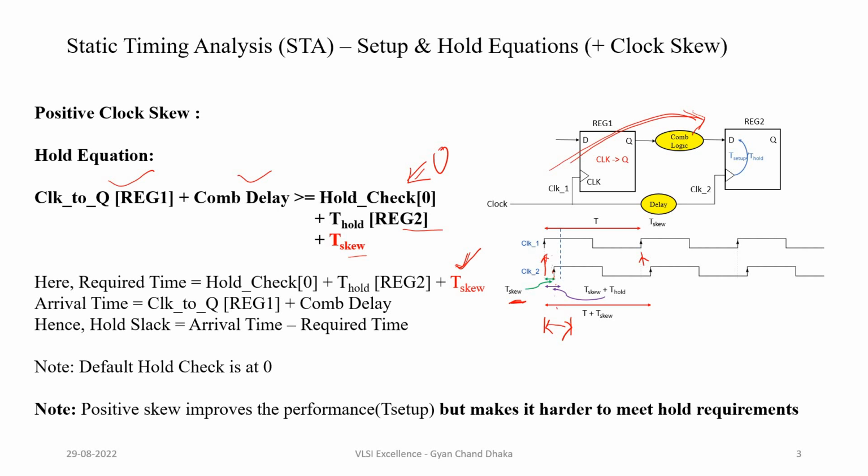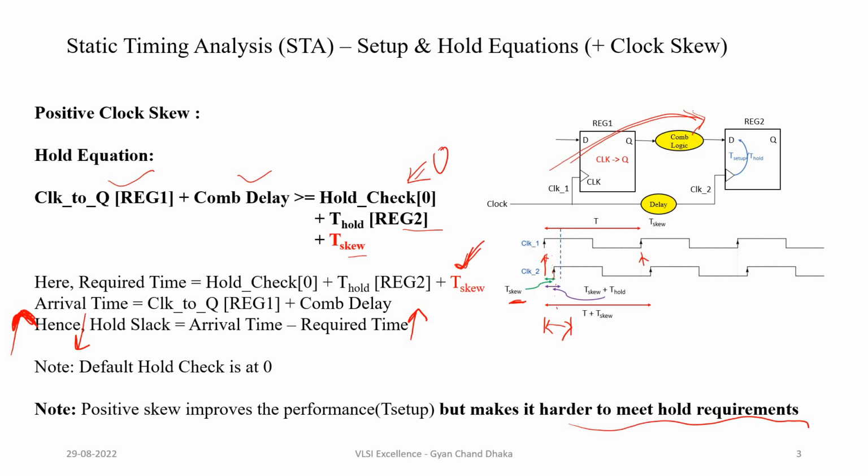Since our required time has increased, our hold slack will decrease. If the hold slack decreases, there are good chances that it can go in the negative direction, which means there is a hold violation. The hold slack should always be positive. So we can conclude that positive clock skew in the hold equation makes it harder to meet the hold requirement, because our aim is to always make the hold slack as positive as possible.